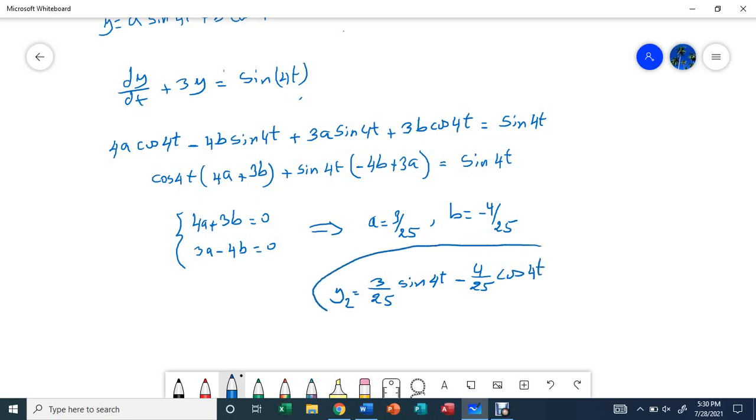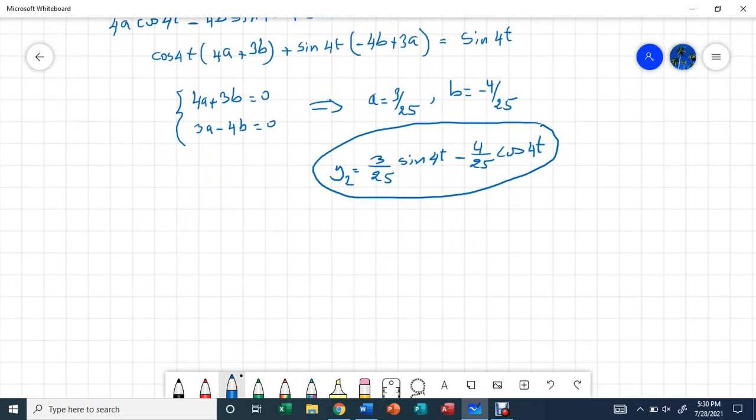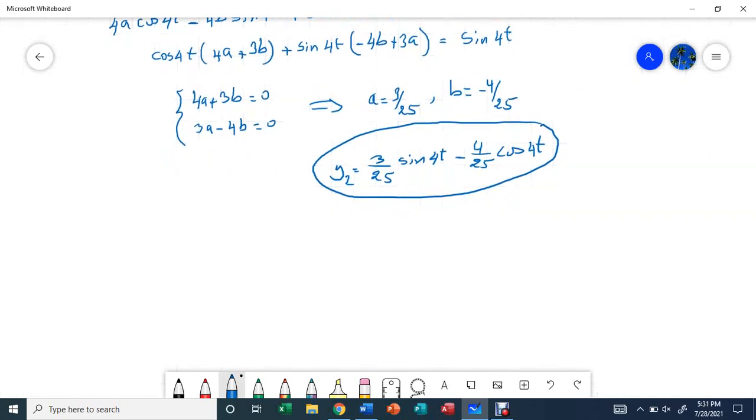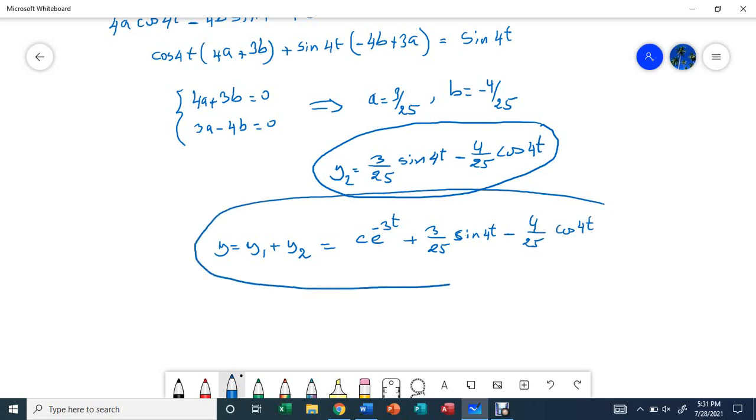So that's my y2, and the general solution to my equation will be y equals y1 plus y2. y1 is c e to negative 3t plus 3/25 sine of 4t minus 4/25 cosine of 4t, and that's my general solution using the guessing method.